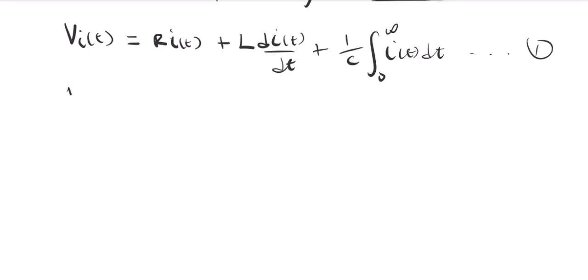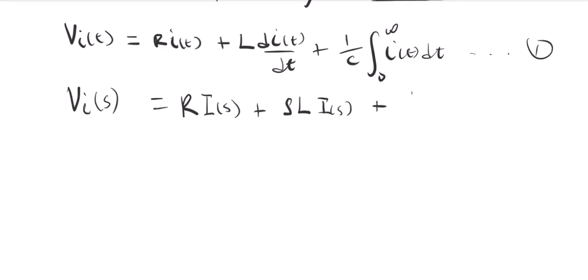The voltage remains the input voltage in the frequency domain, the resistor constant, then the current becomes capital I in the frequency domain, plus now for the inductor, the differentiator s has to come in, and then the current in the frequency domain, and then plus 1 over CS on the current. You are done. The equation has been transformed from the time domain to the frequency domain.